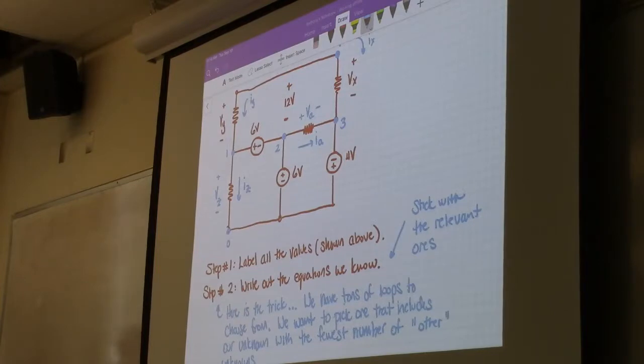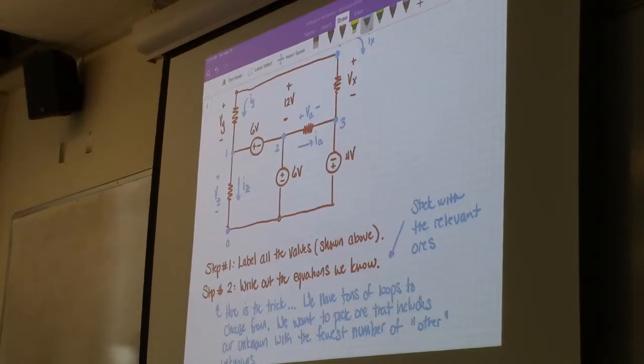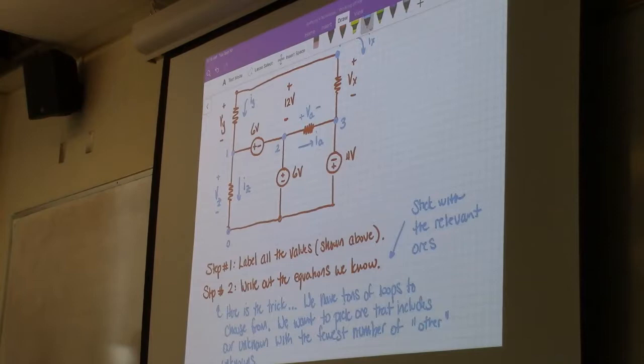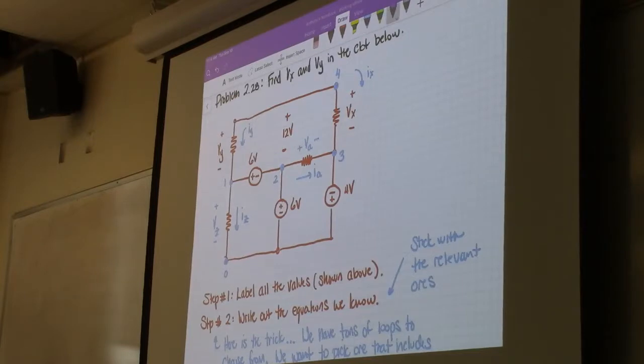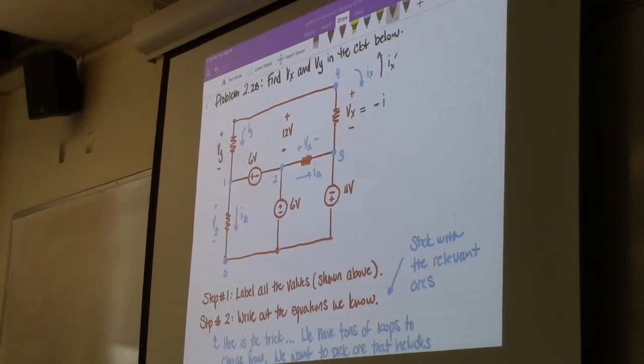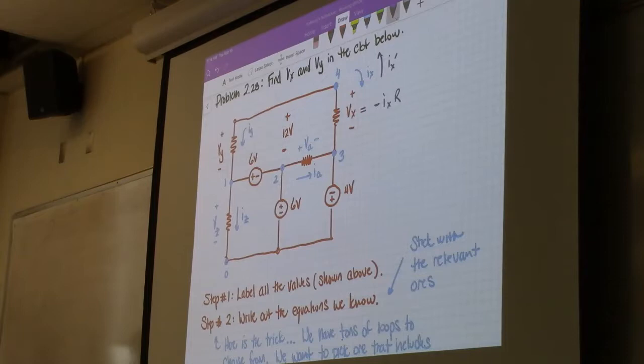About the current direction, you said that we can choose what direction it is, or does it always go in however it is? You can choose it however you want. So if we get them all the other way, would it be wrong? It wouldn't be wrong, but if you do them all the other way, then you got to make sure to throw the negative in there, right?